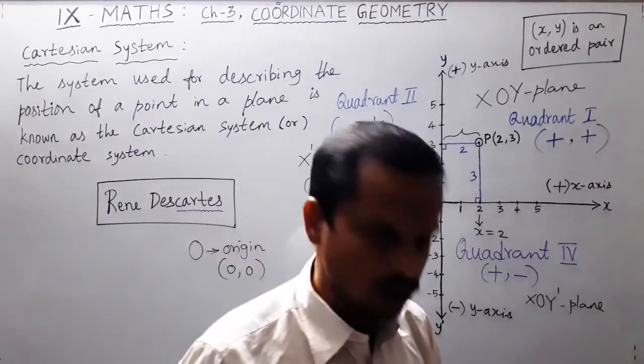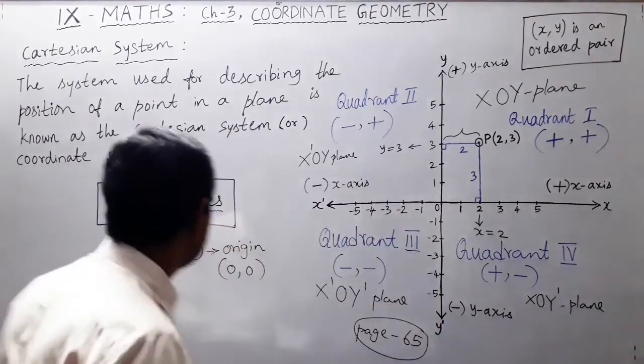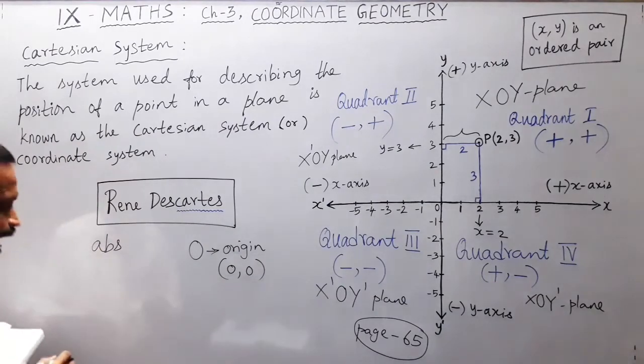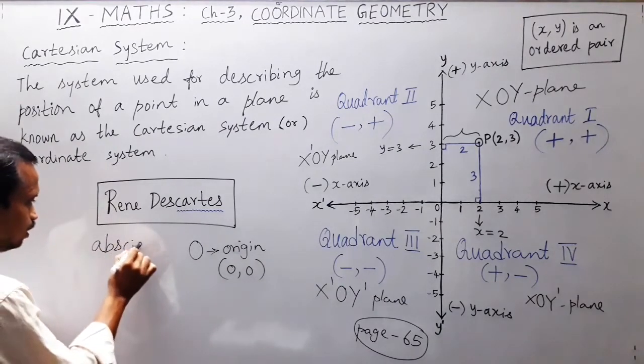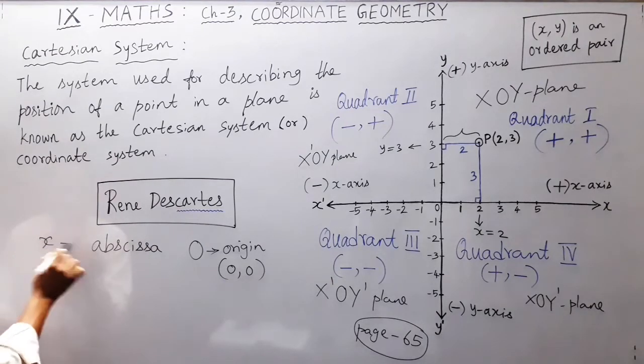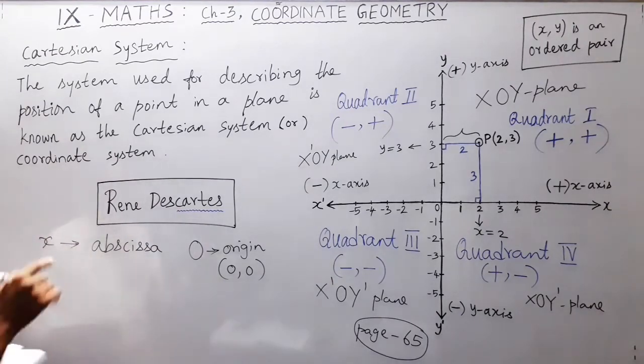The x-coordinate is called, in other words, the abscissa. I am writing the word abscissa. Abscissa, the x-coordinate.